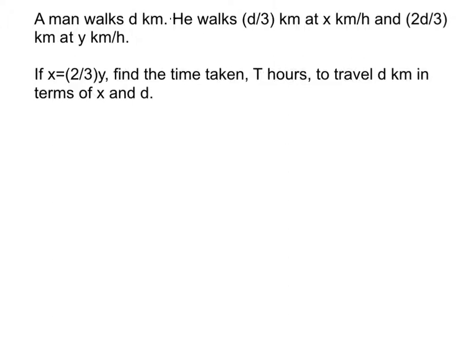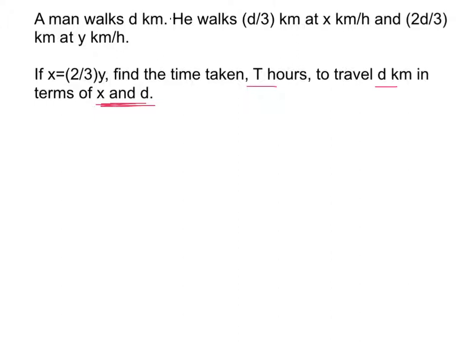We need to keep in mind that the question is asking us to find t in terms of d and x. So we're going to be looking for some sort of expression saying t is equal to blah blah blah x over blah blah blah d, or something like that.